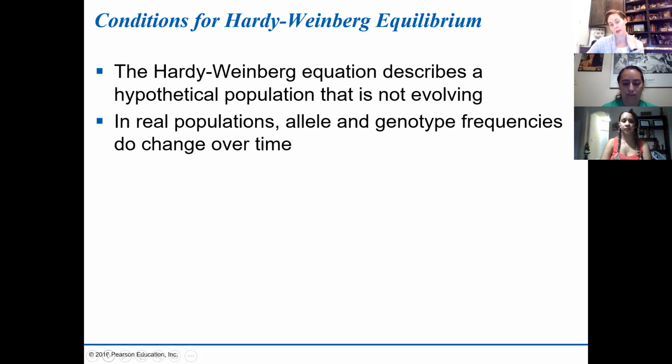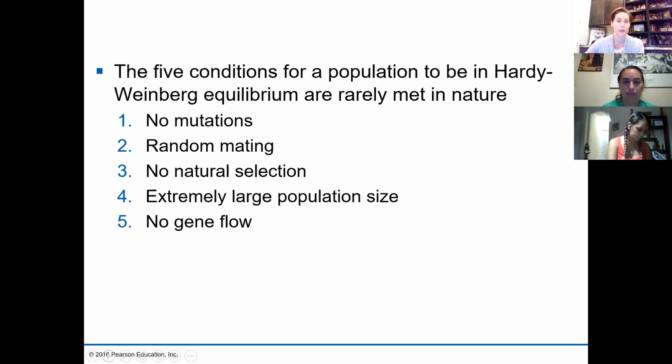So in true populations, we are rarely in Hardy-Weinberg equilibrium because frequencies are changing all the time due to evolution and other situations like environmental situations and geographical barriers that aren't necessarily controllable. In order for Hardy-Weinberg to be met, there are things that have to be happening. There has to be no mutations, which happen all the time, even in a human population.